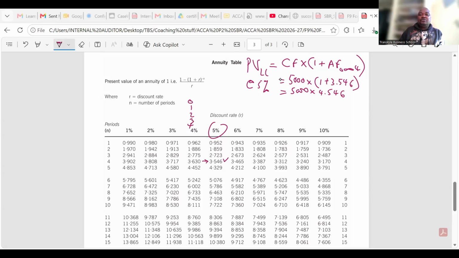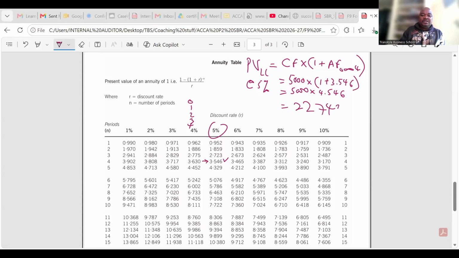This comes to 22,730, right? Yeah, that's 22,730, which is the amount we have been given.